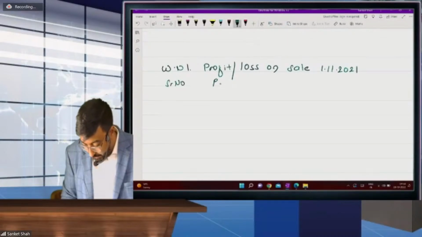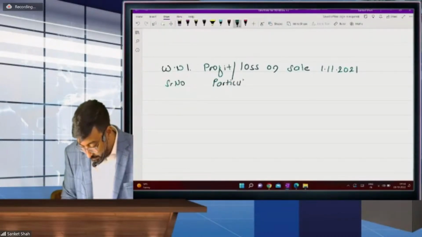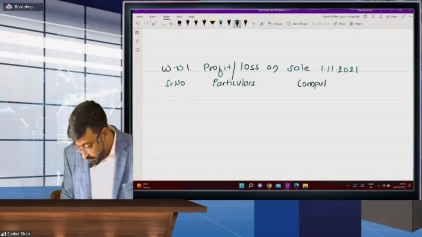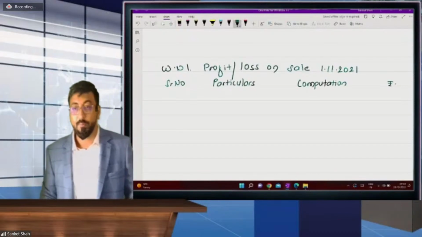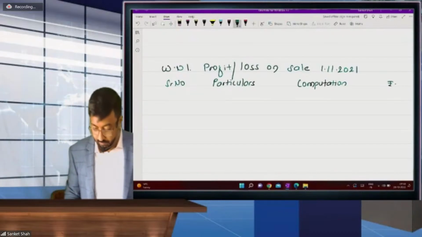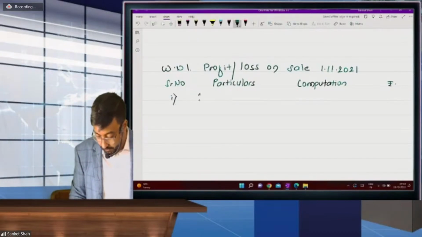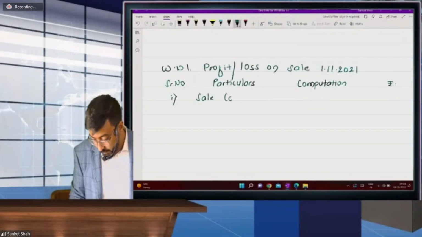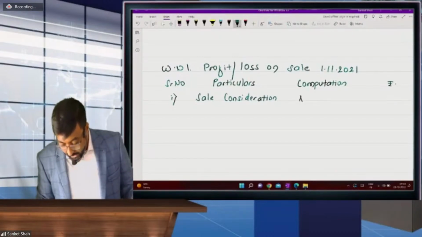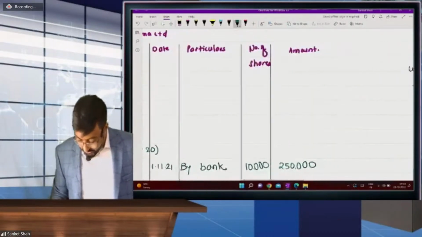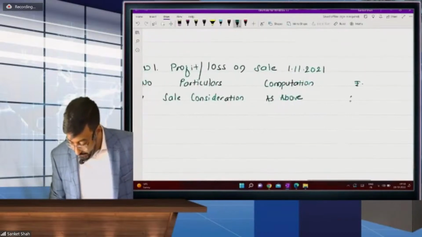Serial number, particulars, computation. Serial number 1, sale consideration. As above, sale consideration is 2,50,000.